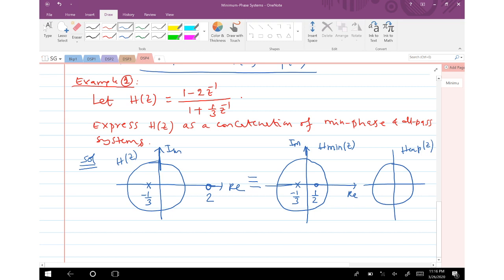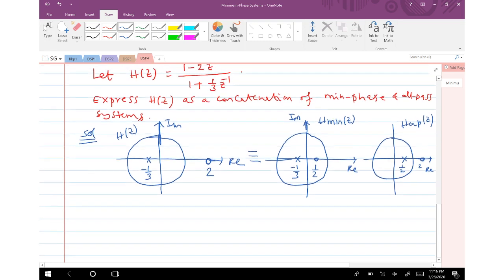There is no 0 at 1 by 2 in h of z, so to cancel that, you would have here a pole at 1 by 2, right? In multiplication, the h min of z excluded a 0 at 2, that should be retained here at 2, right? Then this multiplication would give you this. That's all. This is what it looks like in terms of the pole zero plot.